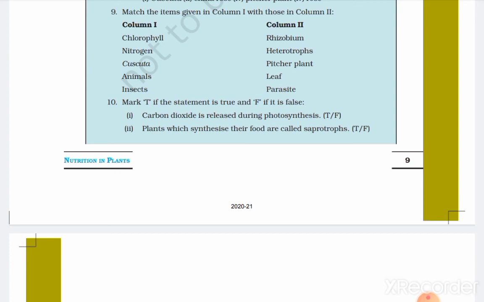But many plants release carbon dioxide in night, but there is no process of photosynthesis done in the night. The plant take oxygen and release carbon dioxide as we human do, but there is no process of making food in the night. Just for survival, they take oxygen and release carbon dioxide in the night.